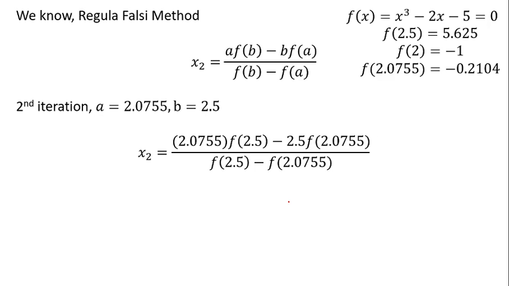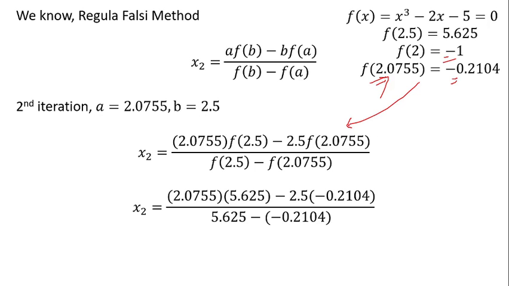Again, substitute the value of each term. We already know the value of f of 2.0755, and f of 2 is minus 1. Substitute all the values here. So what do we obtain? Put the value of each term. Now with the help of a calculator, if you calculate, we get x2 is equal to 2.0908.